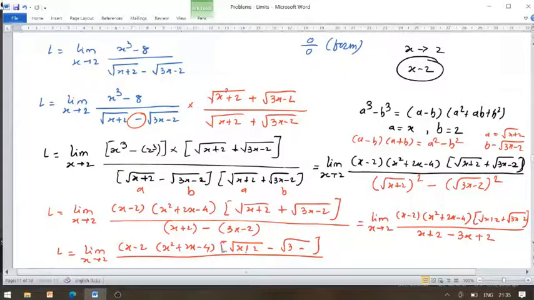We get x minus 3x becomes minus 2x, and 2 plus 2 becomes 4.